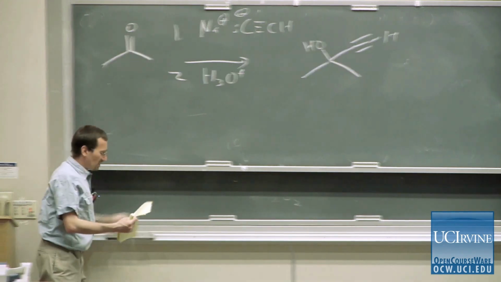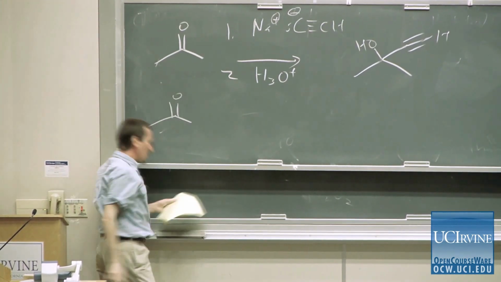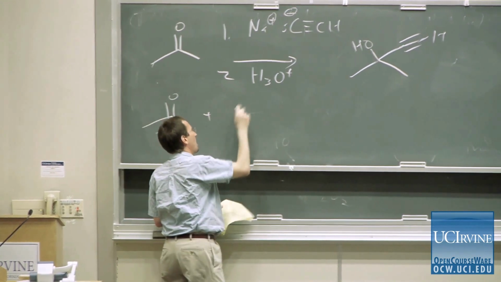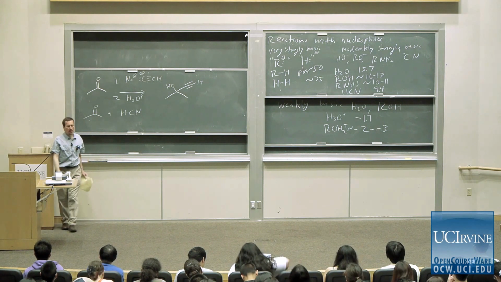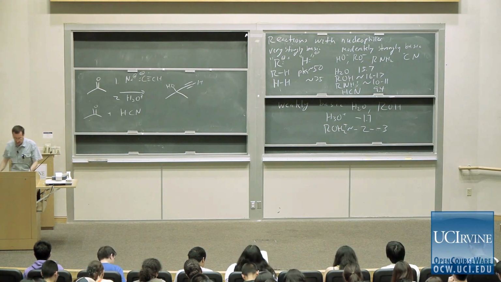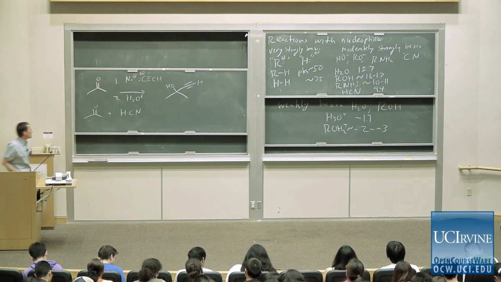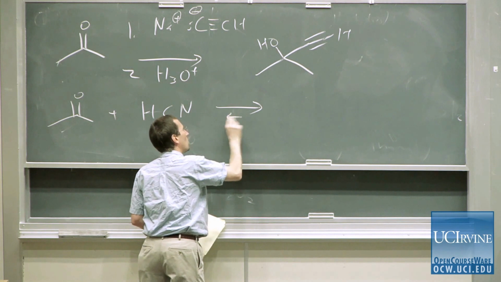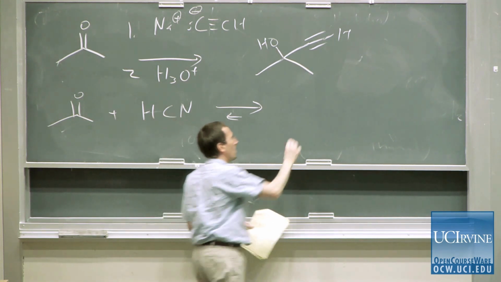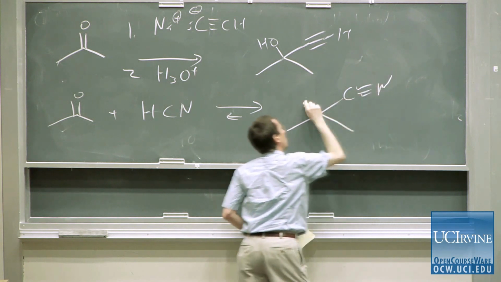And I'm going to write this first in a way that may not be so obvious why the reaction is analogous. But if I treat my acetone with hydrogen cyanide, maybe a little bit of base as a catalyst, we have an equilibrium to form a cyanohydrin.